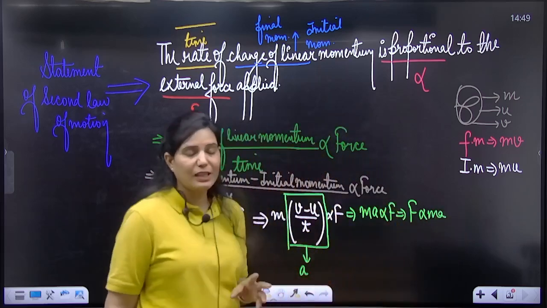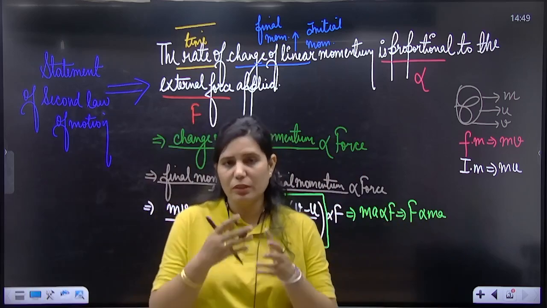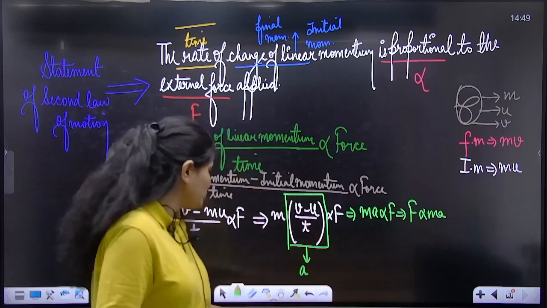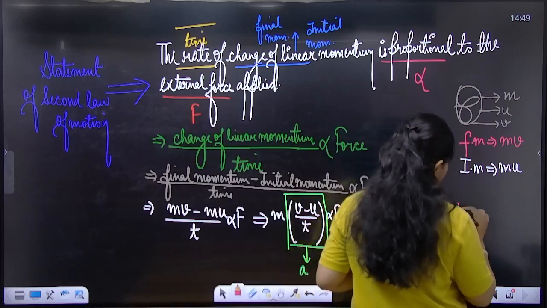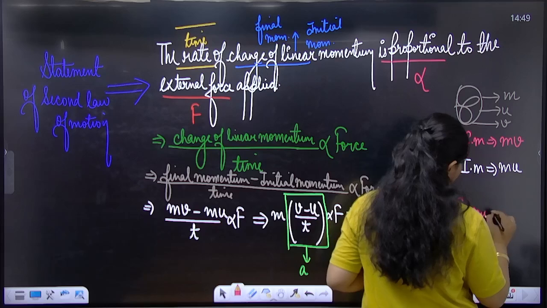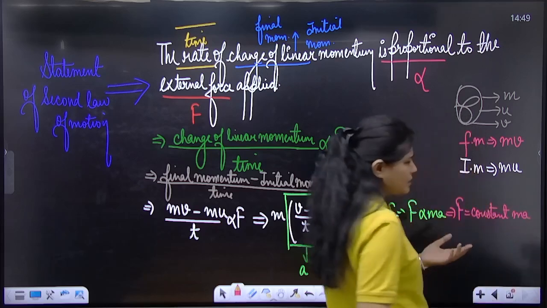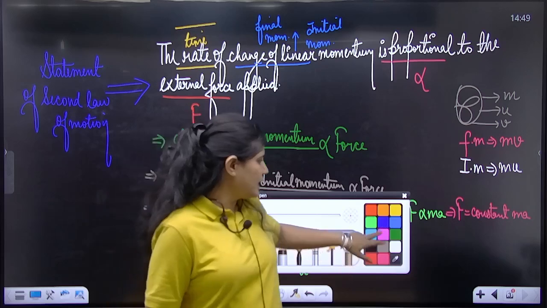And you know that when we remove the sign of proportionality, we have to put an equal to, therefore we have to put a constant, right? So the constant I can write as: F is equal to constant times ma. Let's take the name of this constant as k and the value of this constant as 1.